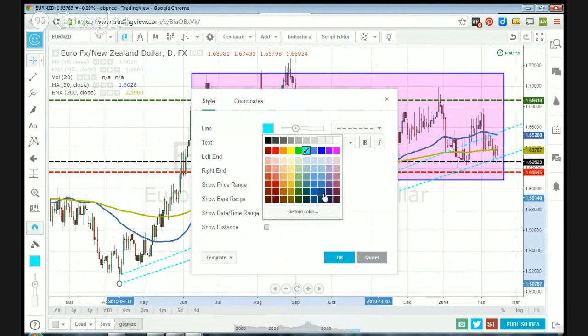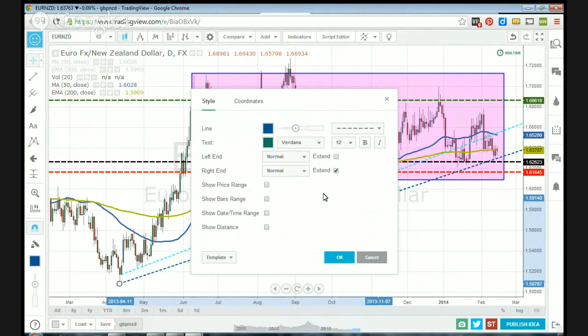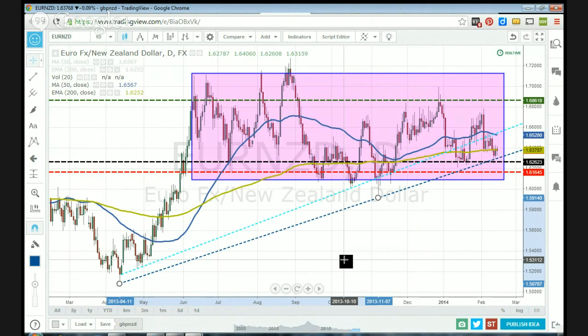Make it dark blue. Yeah, there we go. That's a little better. And we'll make it a little thicker. Maybe not that thick. I'm just wondering if I should go long. We'll come back to Euro Kiwi. There might be an opportunity to go long Euro Kiwi as well.